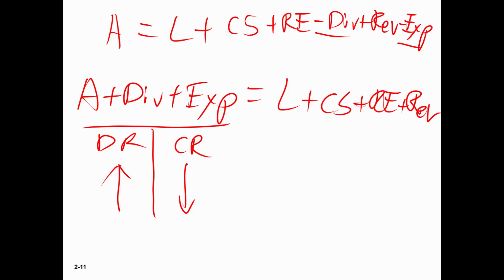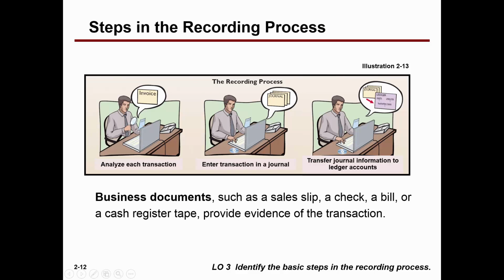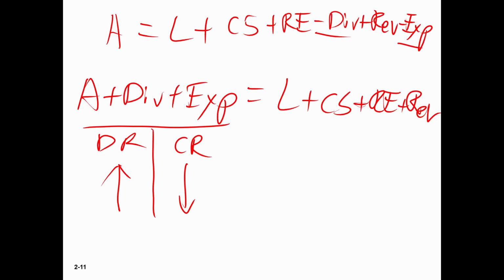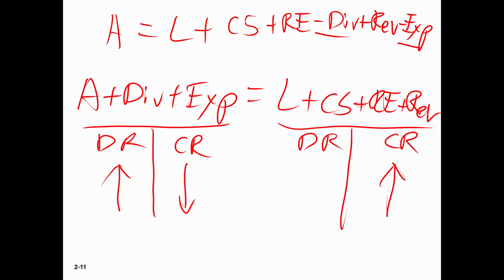And on the opposite side of the equal sign, we have these four types of accounts. Debit is still left, credit is still right, but now these four types are increased with credits and decreased with debits.